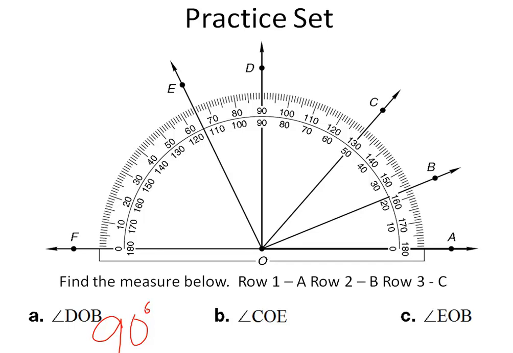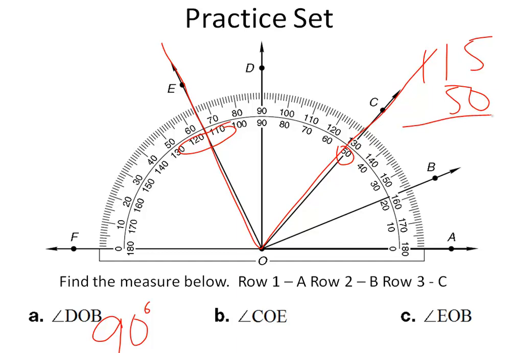COE, this becomes a little bit trickier, right? Here's COE. So we're going to have to do a little subtraction here. If we use 50 right here, which we can, and we come over here on the bottom and it comes to 115. See that 150 in between 100 and 120 is 115.